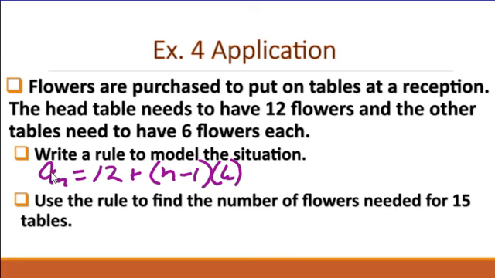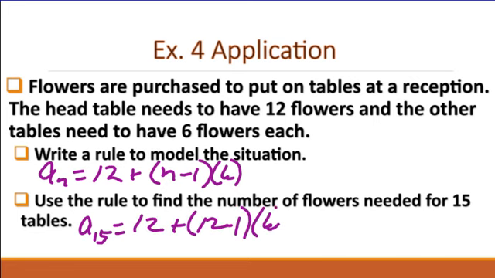We need to find it for 15 tables. So a subscript 15 equals 12 plus 15 minus 1 times 6. So we got 14 times 6 is 84 plus the 12. That would give us 96 flowers.